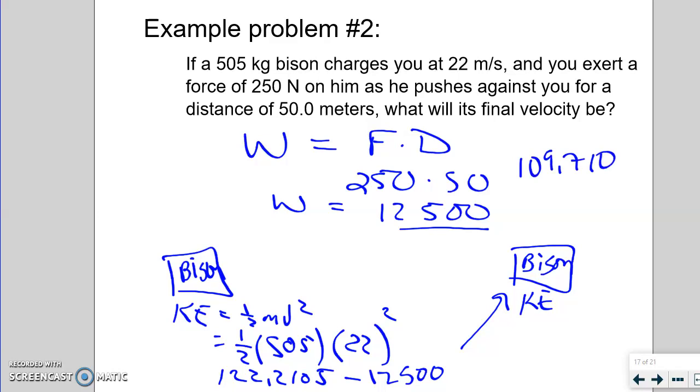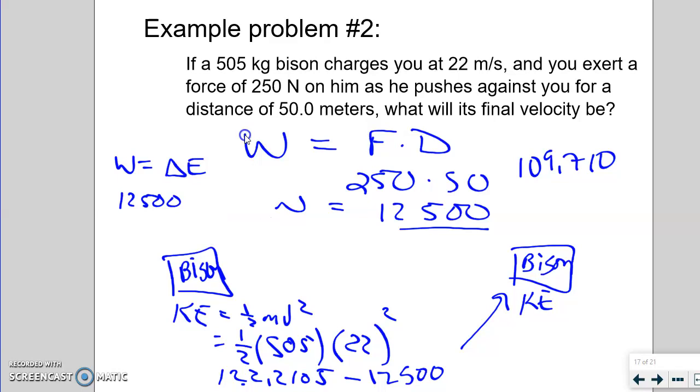I don't know if I was very clear about this, but what we've been doing here is we've been using the work equals the change in energy. So we had the energy before, 122,210, and then, sorry about that, go back here just a second.